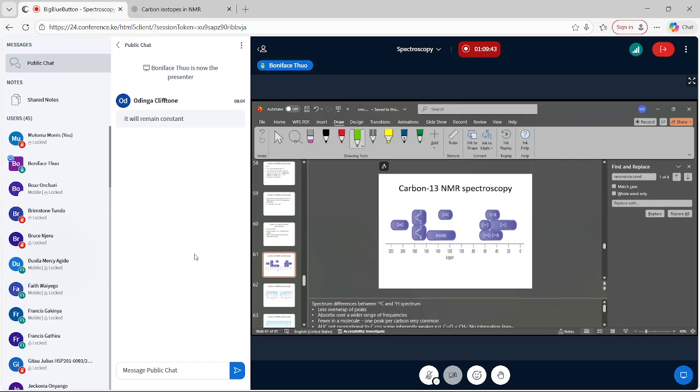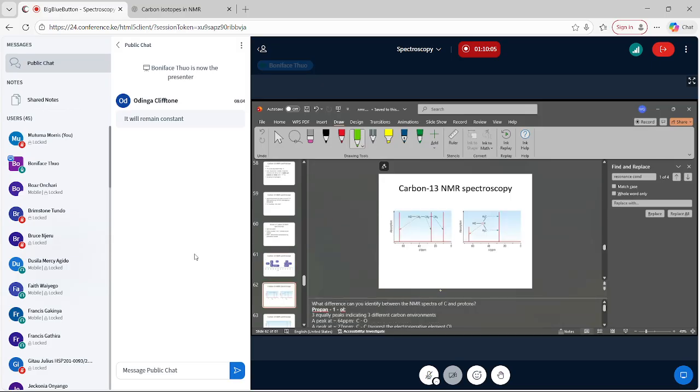So those are basically the 4 different regions where you'd find the carbons. So there is less overlap, and there is no splitting in carbon-13 NMR. There is no carbon-carbon peak splitting in carbon-13 NMR.